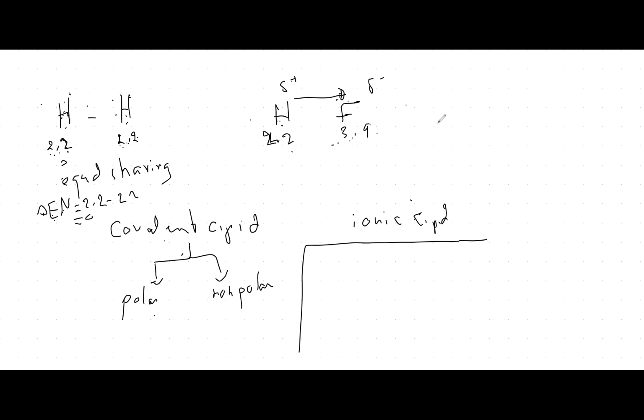So hydrogen is attracted toward fluorine. Here positive and here negative. Usually when I have different poles, my compound is polar. Okay, this is how the difference in electronegativity works.